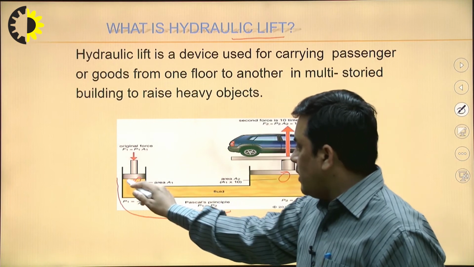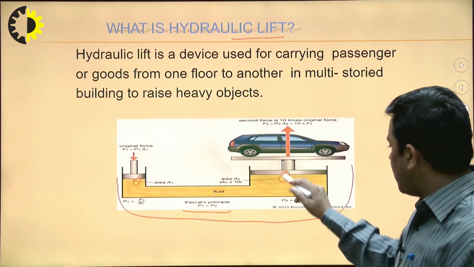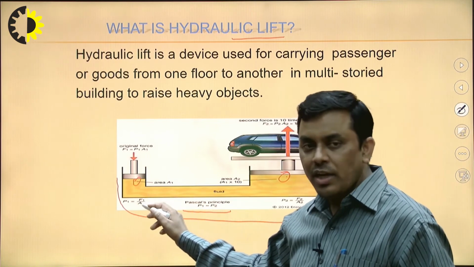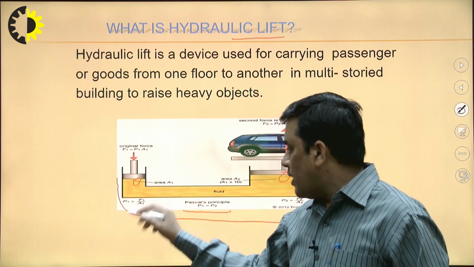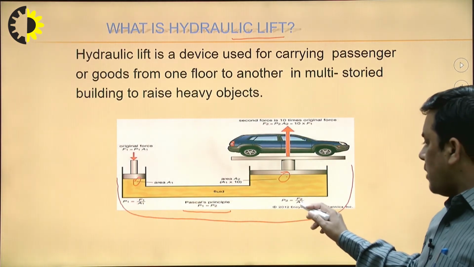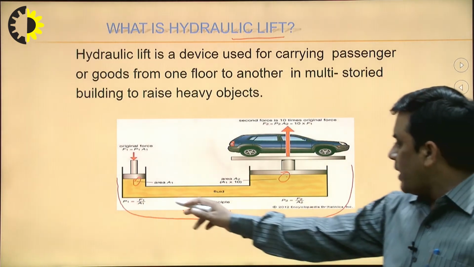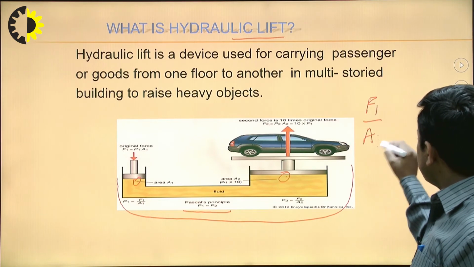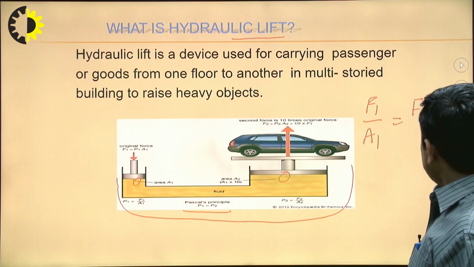The pressure here we are saying P1, the pressure here P2, and pressure is force upon cross-sectional area, F upon A. So here we have F1 upon A1, and here F2 upon A2. If I equate these two terms, F1 upon A1 equals F2 upon A2.